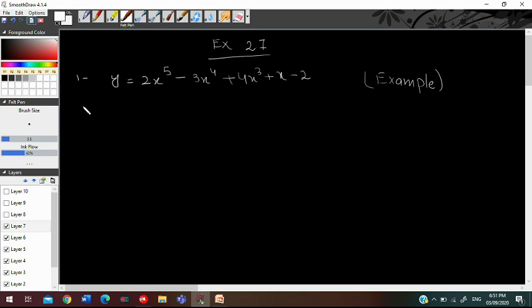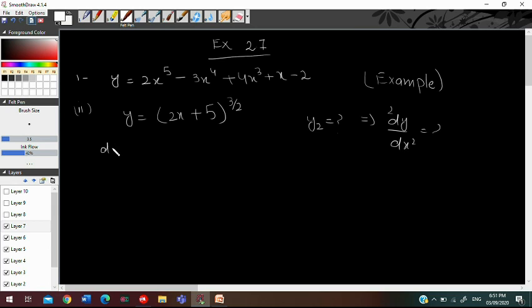Now I will solve its second part: y is equal to (2x plus 5) power 3 by 2, and you have to find y2. Y2 means you have to find the second derivative of the function.